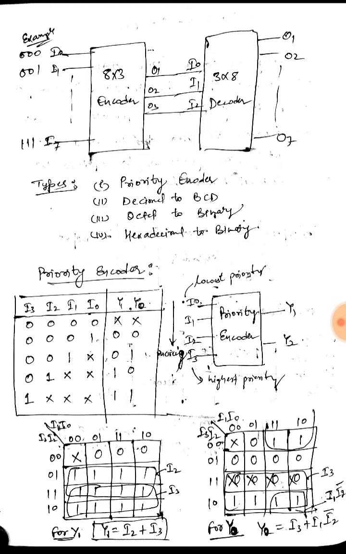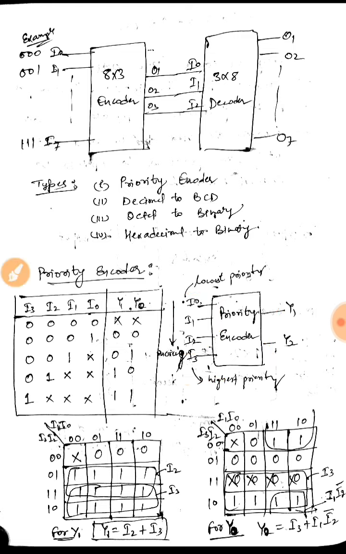So if I3 is high, whatever the status of these 3 inputs, only I3 would transmit to the output. So Y0 and Y1, that is the output bits, would be high. Because it is a 4:2 encoder, the output would be 2 bits and there are 4 inputs.